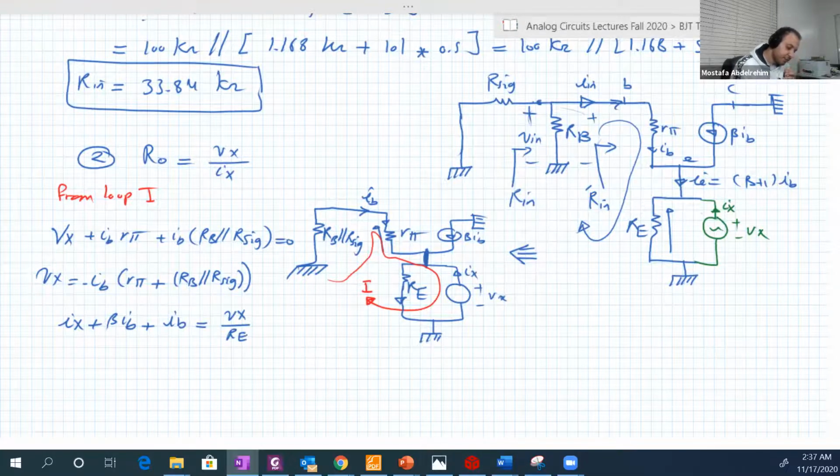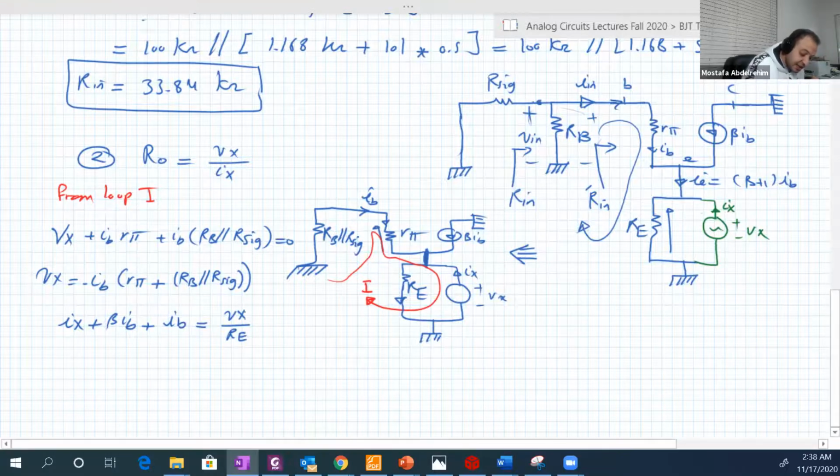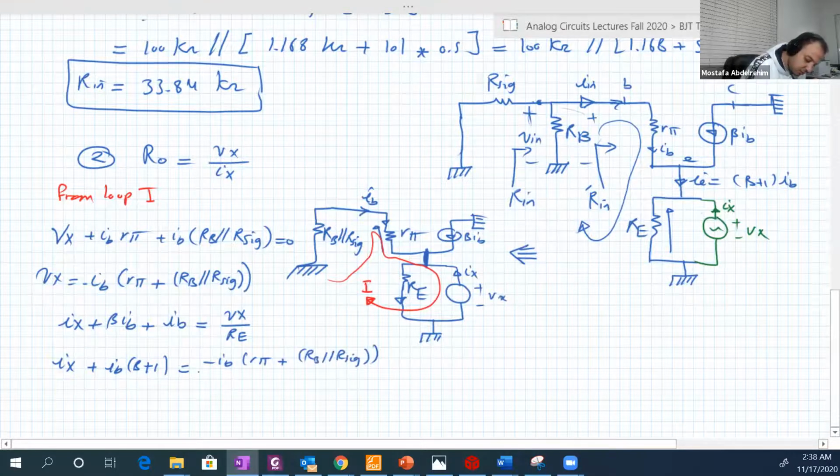So let's remove Vx now and put its equivalent, which is minus IB multiplied by this factor here. So Ix plus IB beta plus 1 equal to minus IB R pi plus RB parallel R signal over RE.